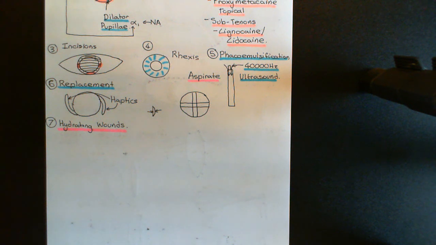So if we want to focus things that are very far away from us, we can make the lens very long and thin, i.e. reduce its power, and then have those things that are far away being focused onto the back of the retina. Whereas if we want to focus on things that are very close to us, we can make the lens fat and globular, and then that will allow us to focus things that are very close to us on the back of the retina. Now we have a lens, this artificial lens, which is fixed.